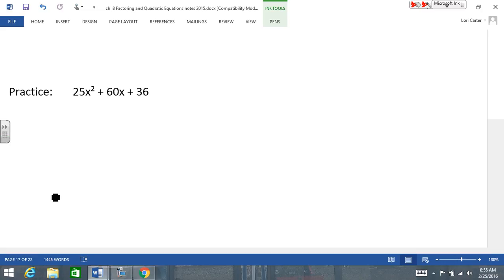What times what equals 25? 5. Tyler, you've got to know your perfect squares. Okay, is 36 a perfect square? Yeah. What is it? 6. What do we do with these two things?